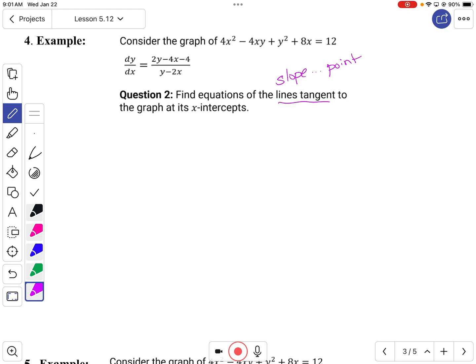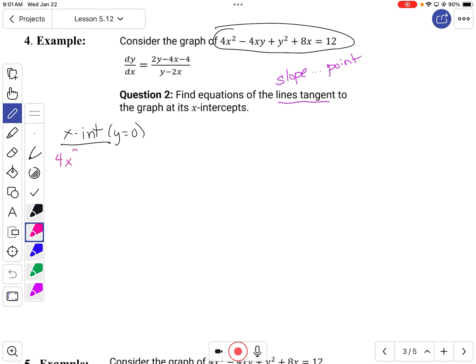All right, now let's talk about x-intercepts. When do x-intercepts happen? When y is equal to 0. We're talking about the original function, when y is equal to 0. So I'm going to take this original function, and I'm going to plug in 0 for y.